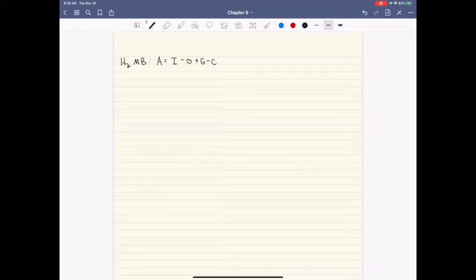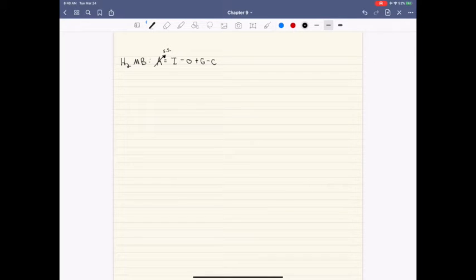Okay, so with accumulation, we're still dealing with steady state systems, so that part's going to be still 0. All right, and now for this H2 system, let's think about it. We do have an input stream. We do know that not all of the hydrogens reacted, so some of it will be in that stream 3, so we do have an outlet.